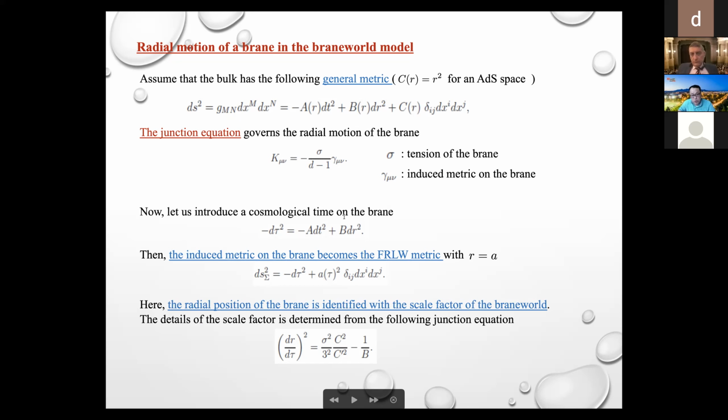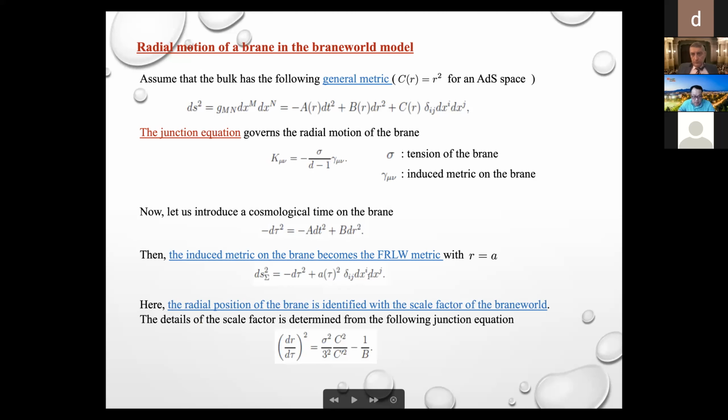Also, if the brane is moving, then R depends on time. So we define the cosmological time of the boundary. Then this AdS metric is reduced to this boundary.